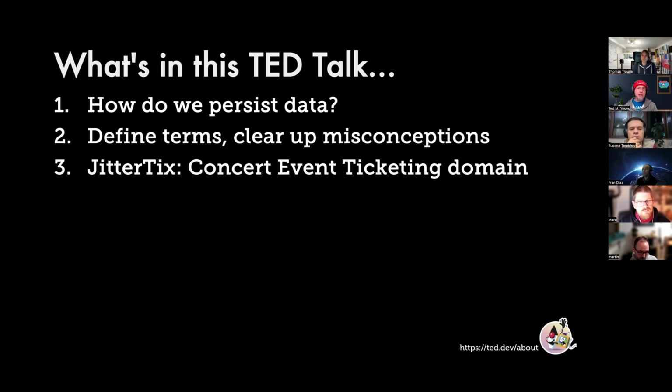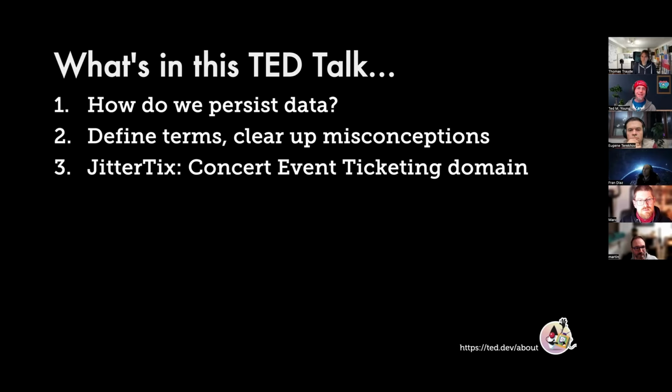And then I'll talk a little bit about the domain for this example application, because I think it's really important for learning and talking about this stuff to have an example application that's non-trivial. On the other hand, it's also useful to have one that's not huge and hard to understand.